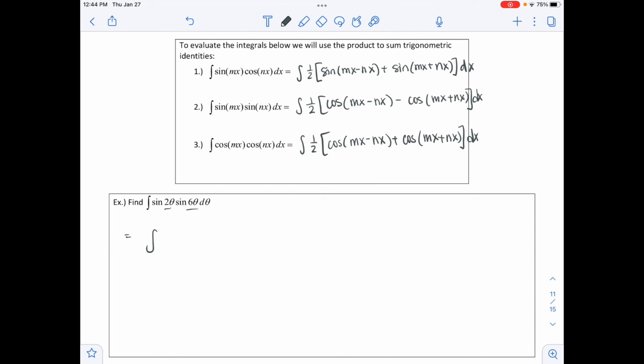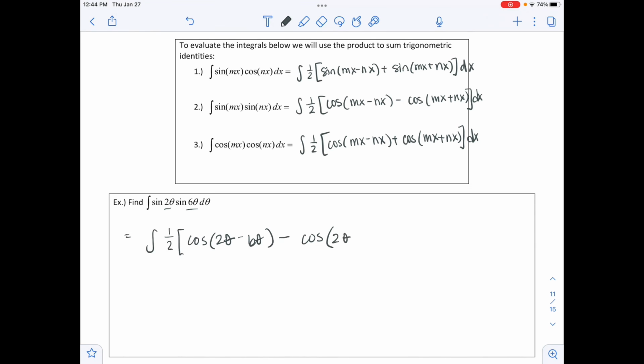So this is going to be rewritten as 1/2 times cosine of mx minus nx. So for us it's theta, so it's going to be 2 theta minus 6 theta, minus cosine of mx plus nx.